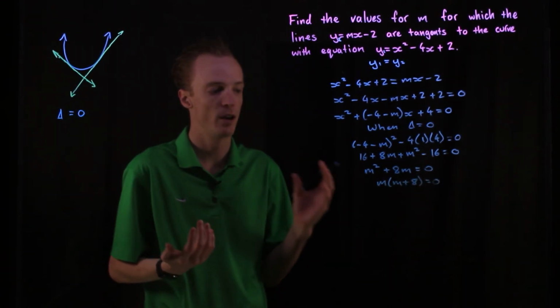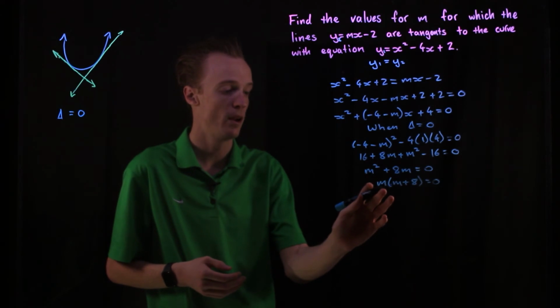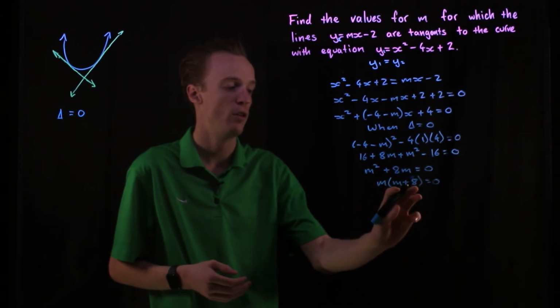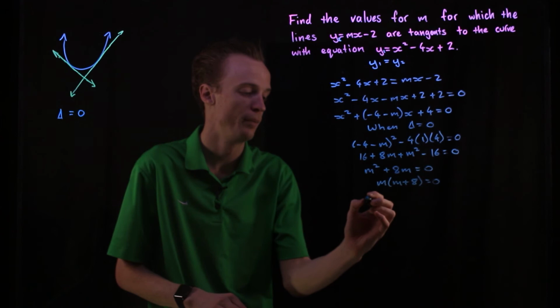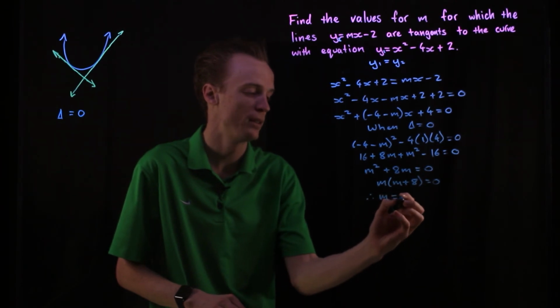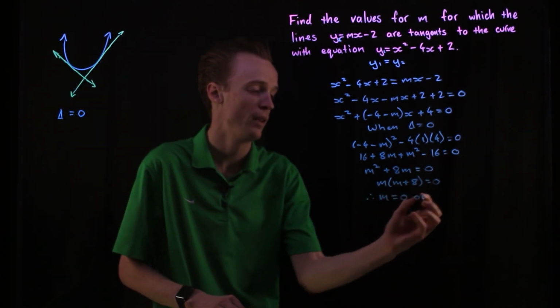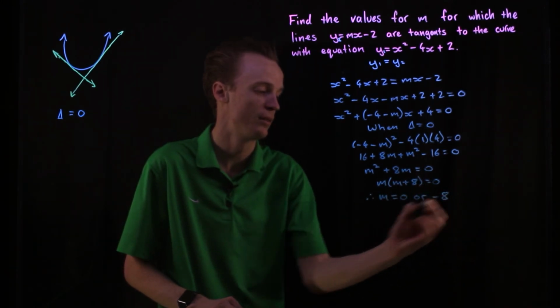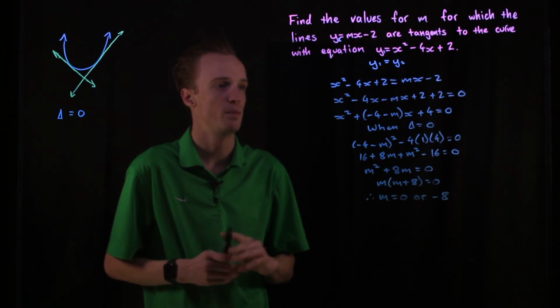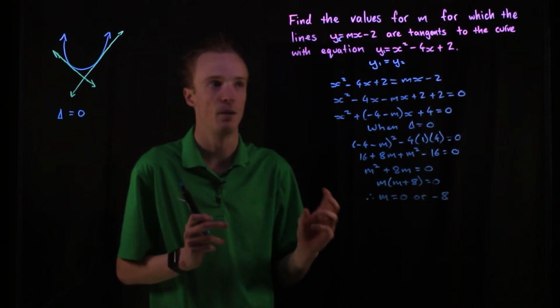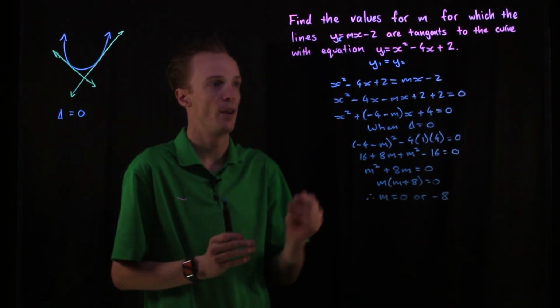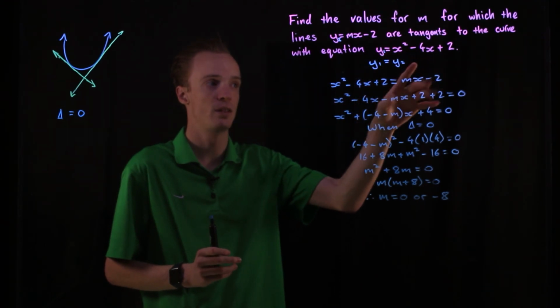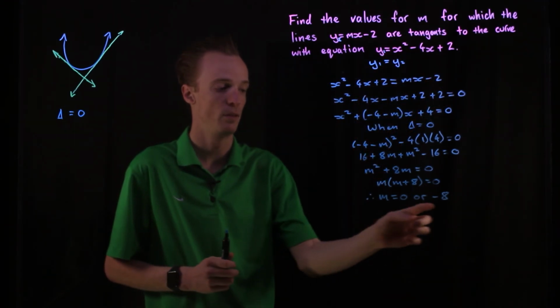And now I can use my null factor law, so therefore, either my m must equal 0 or the m plus 8 must equal 0. So therefore, my m must equal 0, or to make this part equal 0, it would have to be negative 8. So what that means is my two values of m that will create two tangents to this curve are 0 or negative 8.